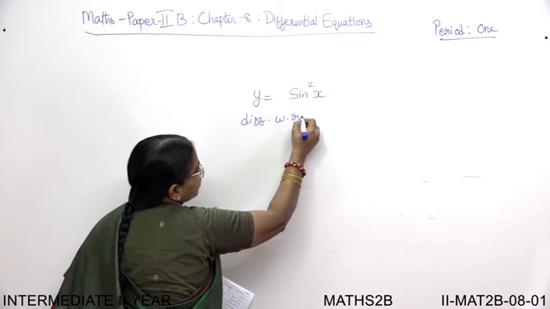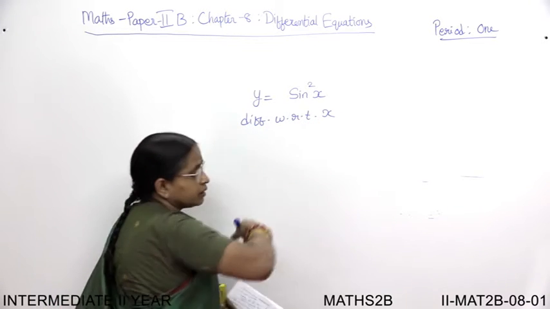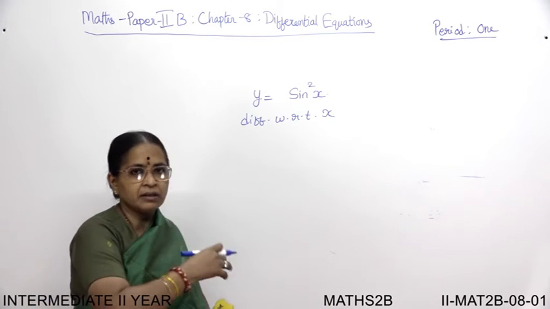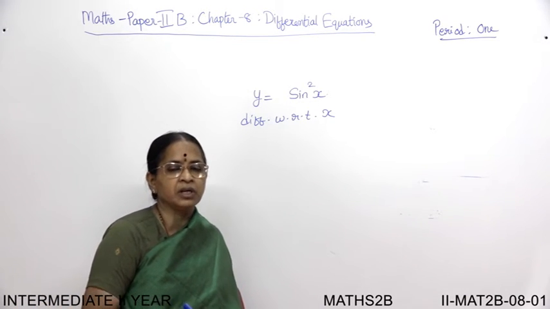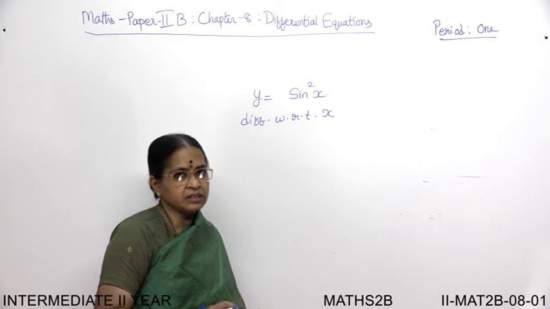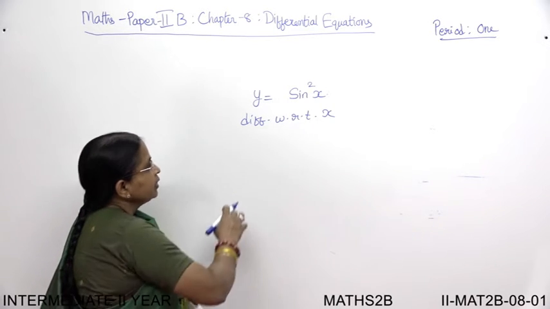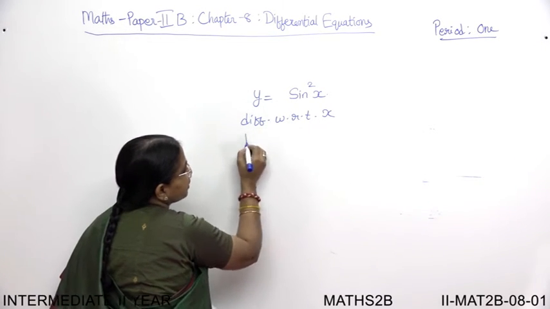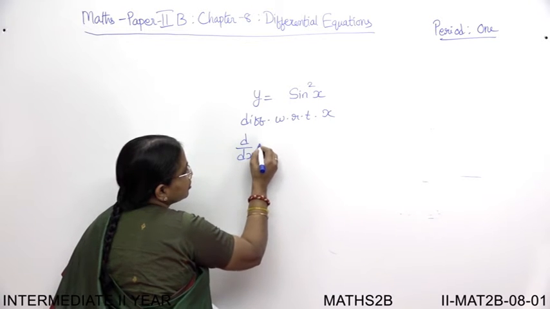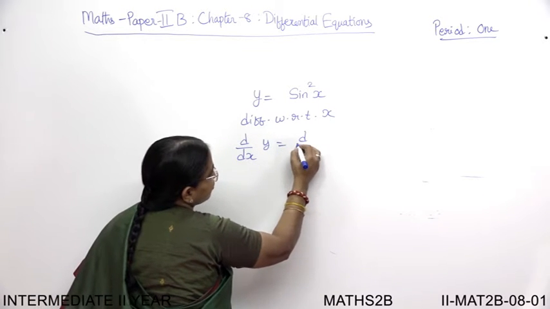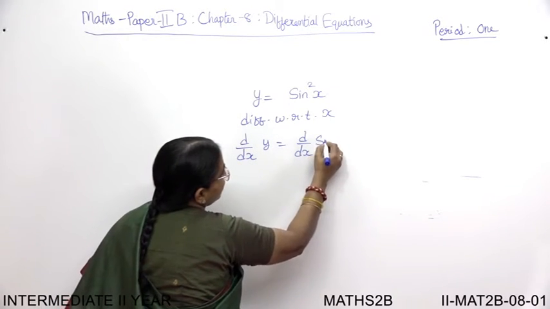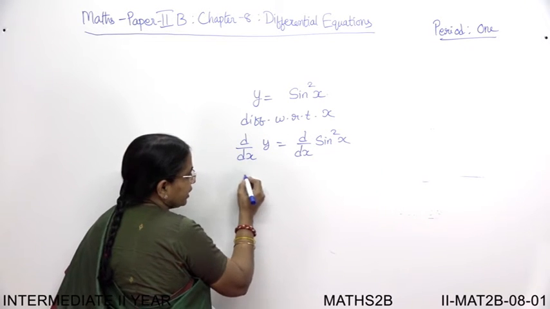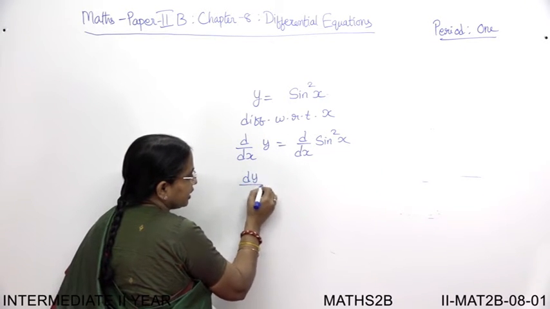Understand this successive differentiation, because we need it only in the first exercise of this chapter. So differentiating with respect to x means d by dx. So d by dx of y is equal to d by dx of sine square x. So this is dy by dx.